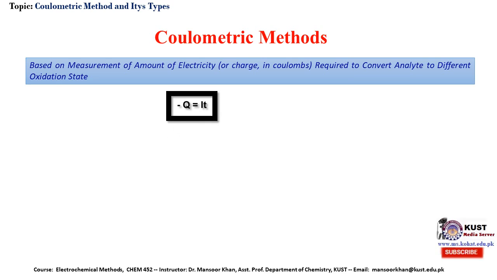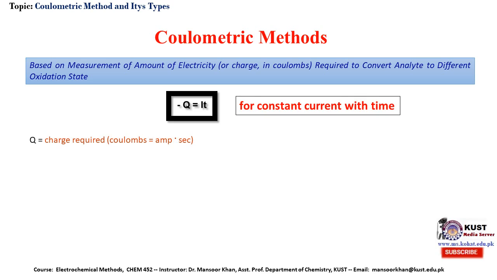This is the mathematical equation, which is Q equals I T. This equation is basically used. So, charge, current and time are important in coulometric methods.